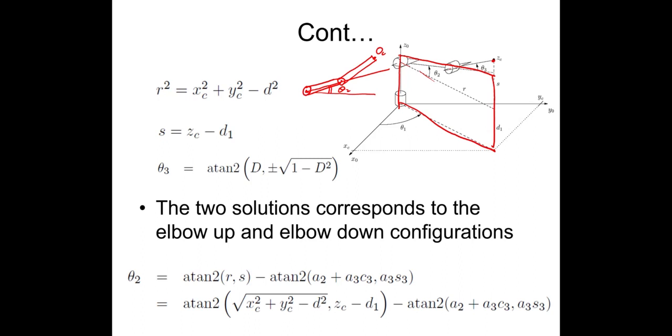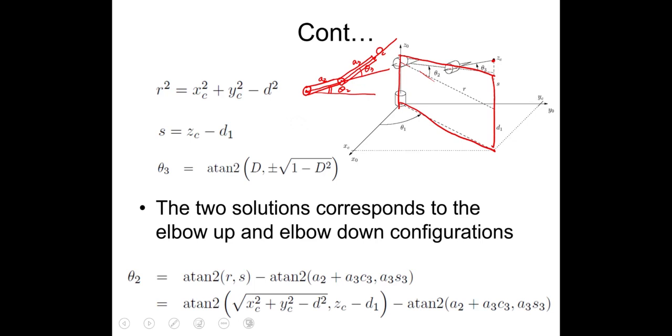And again, theta 3 is the angle between this line along link 3 and this line, because theta 3 is the angle compared to the second link. Okay, so we also know that link 2 has the length A2 and link 3 has the length A3. Okay, so this is the projection on this plane.